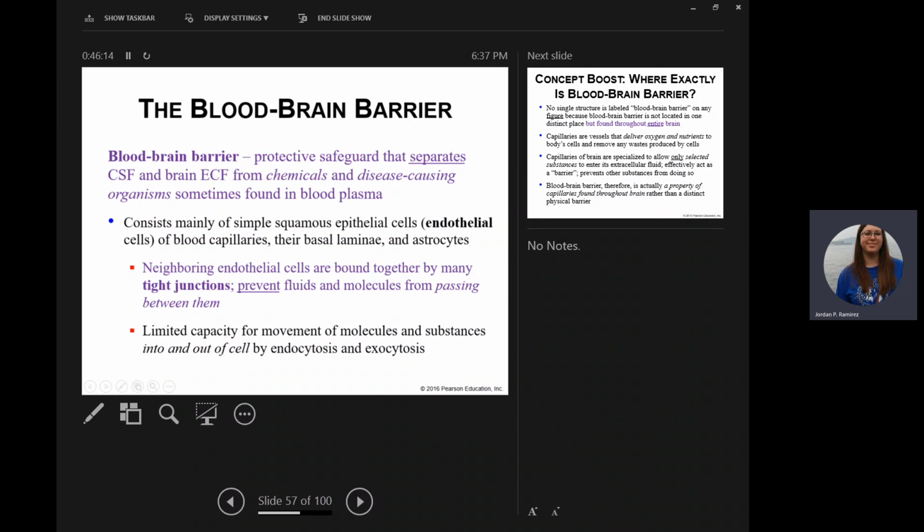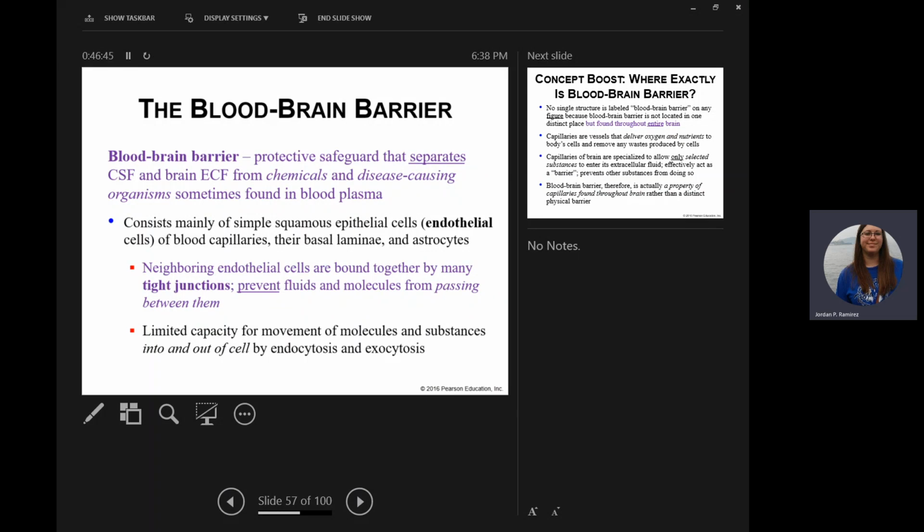So again, it consists mainly of those endothelial cells, the capillaries, their basal lamina, and the astrocytes. Those astrocytes have these little projections which wrap around those capillaries, and the functions of those two together, those little feet around there and the endothelial cells, contribute to the blood-brain barrier. That's really what it is. Neighboring endothelial cells are bound together by many tight junctions, which prevents fluids and molecules from passing between them.